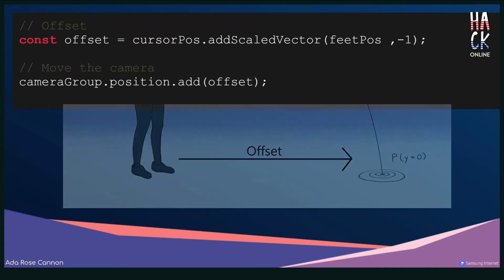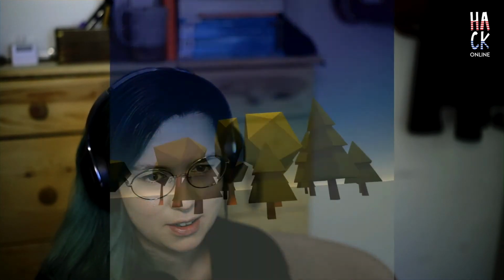So instead of moving the user, you can effectively move the world. And we'll do this by putting the camera and controllers inside a group. And if you move that group to where you want the user to be, it has the same effect of moving the world in the opposite direction, which is exactly the behavior we need.